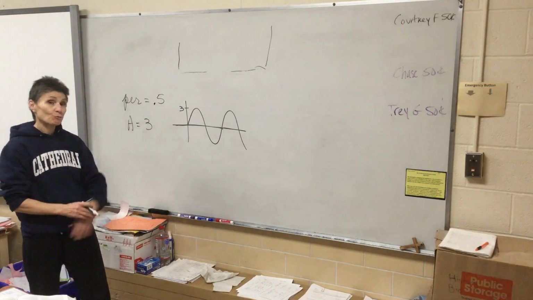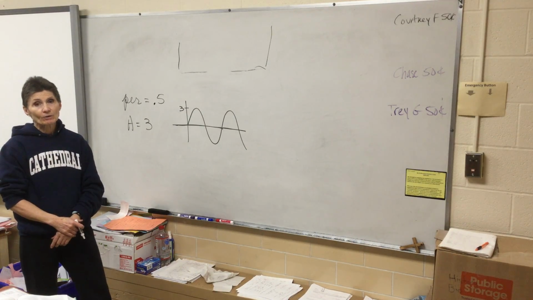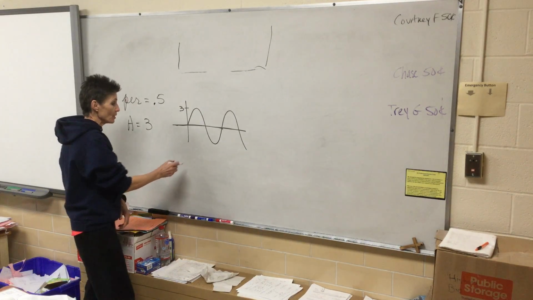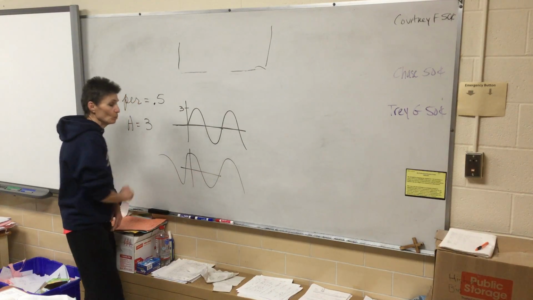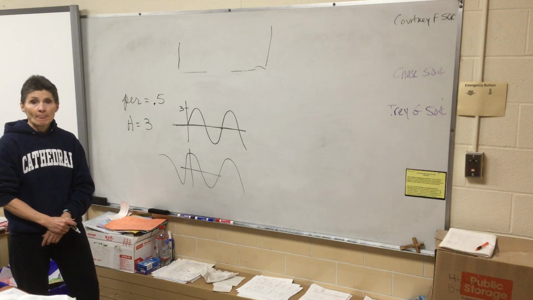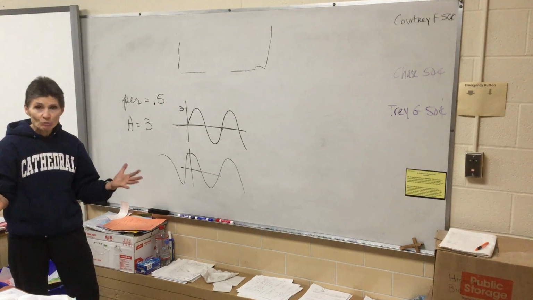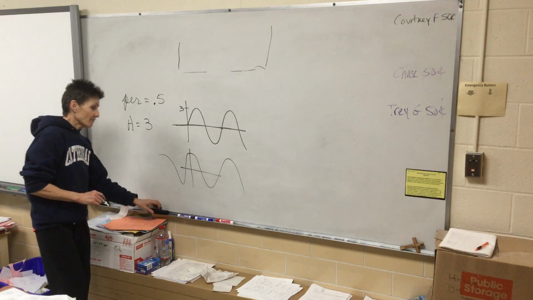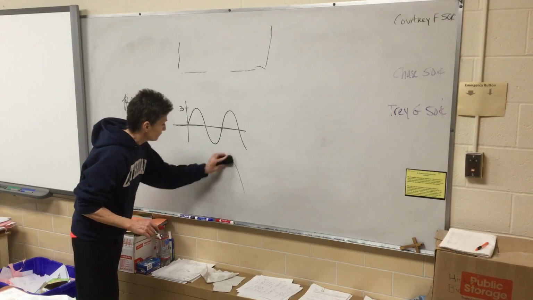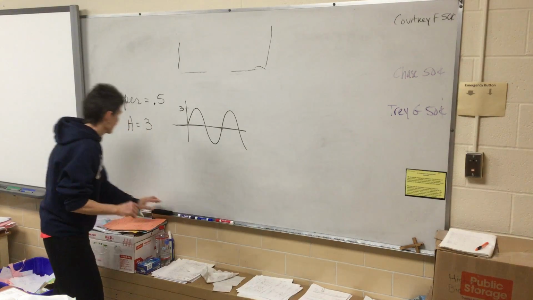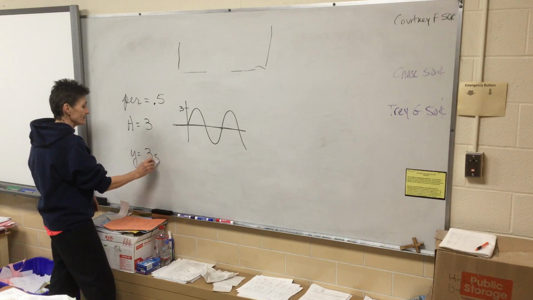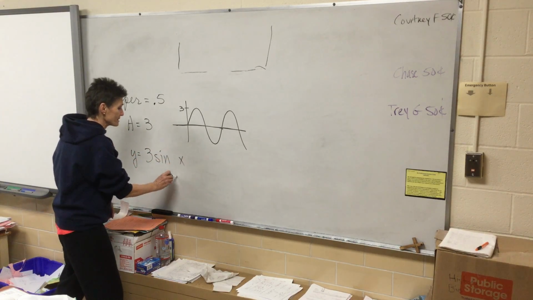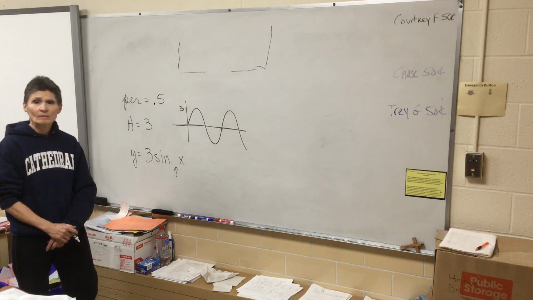Now the way I drew it, it looks like a sine curve. But there was absolutely no reason that I couldn't have drawn it like this, and it would have been a cosine curve. So you could make either one. It doesn't matter. If I do it as a sine curve, then I'll have 3 sine something x.